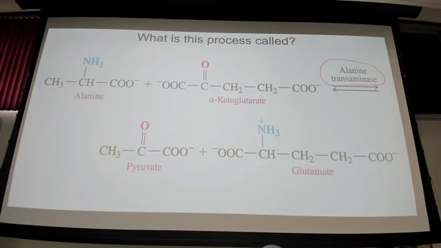What you said is 100% correct. It's also used to make non-essential amino acids. Remember we talked about there's 9 essential amino acids that we have to consume all the time. Transamination will make those other 11 amino acids, as it's doing here. So alanine is becoming glutamate.